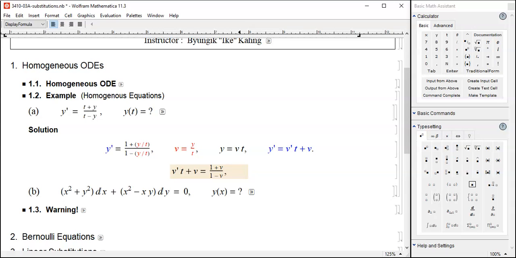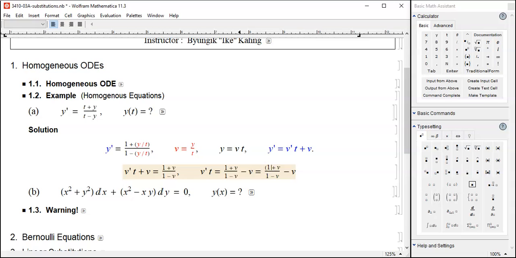Okay, all right. Only this one has t in it, so the other part flipped away. v prime t is equal to 1 plus v over 1 minus v, minus v. Some simplification is in order, so let's take the common denominator.